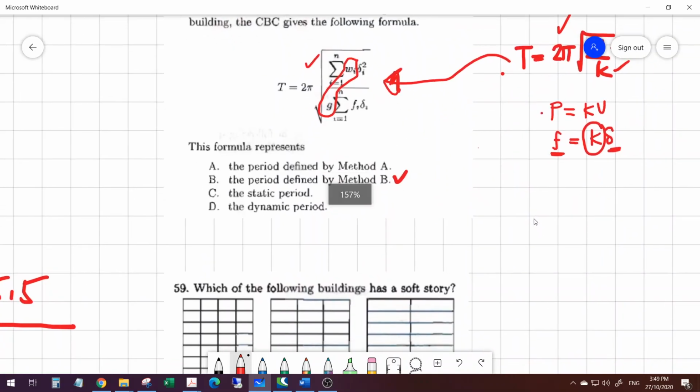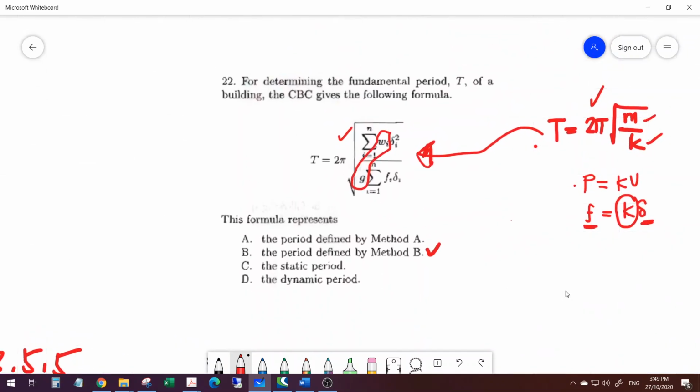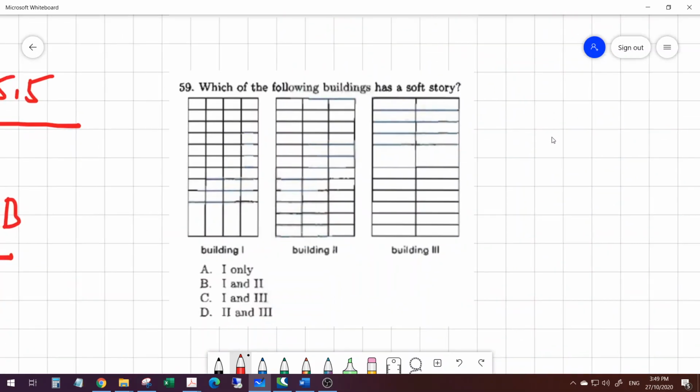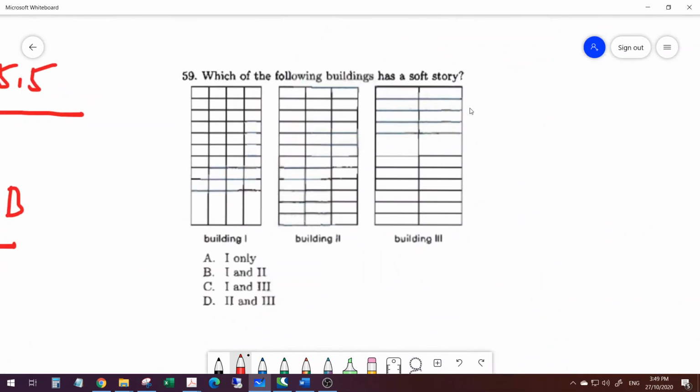Next, by the way, that means I can erase this and put in NSCP, because it's still a formula applicable in NSCP. Next problem: which of the following buildings has a soft story? By observation, building 1 and 3, right?